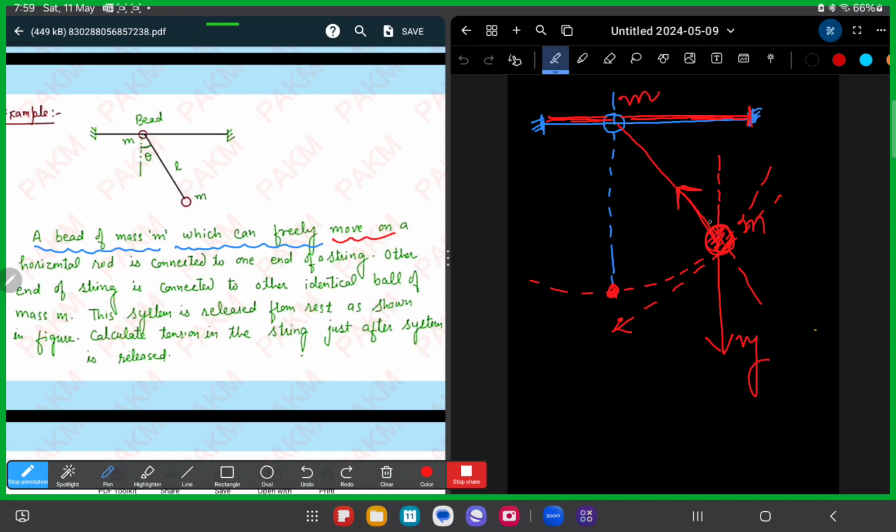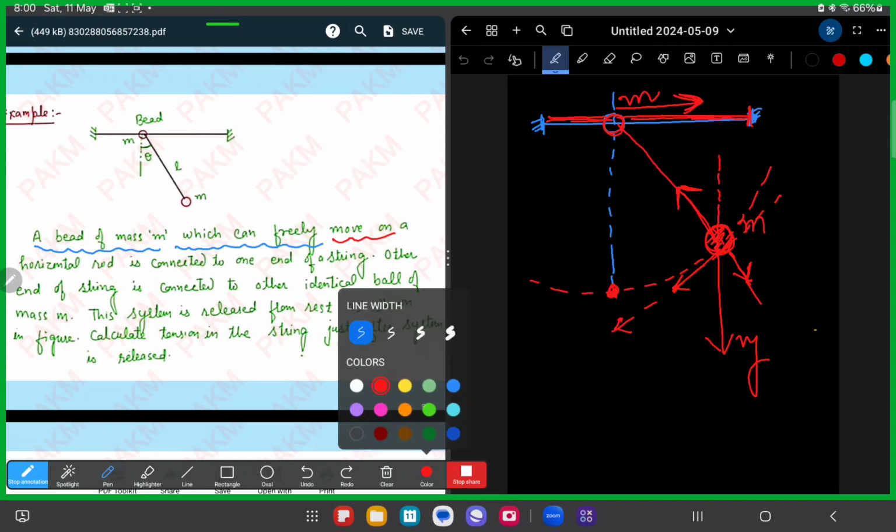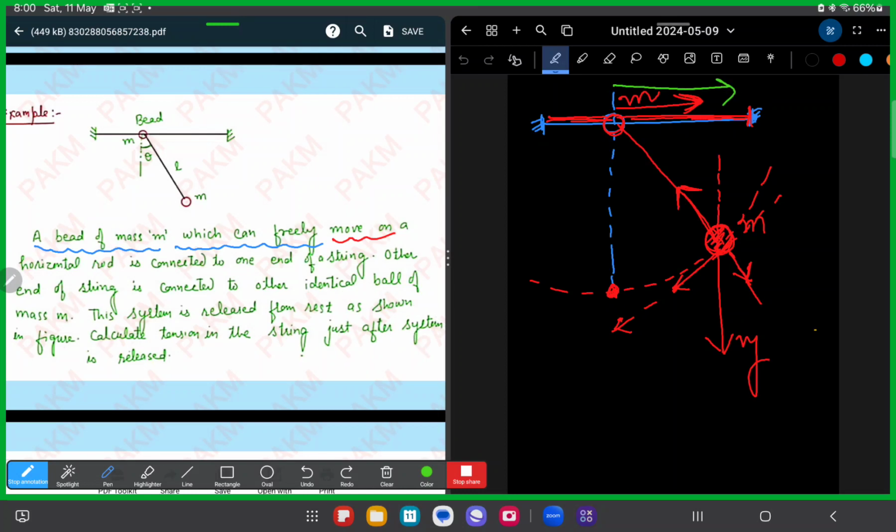So tension has two components. Once the tension starts acting on the bead, the bead will start dragging in the forward direction. So this is the basic mechanism. The bead will move in the forward direction and this ball will move in the given direction.